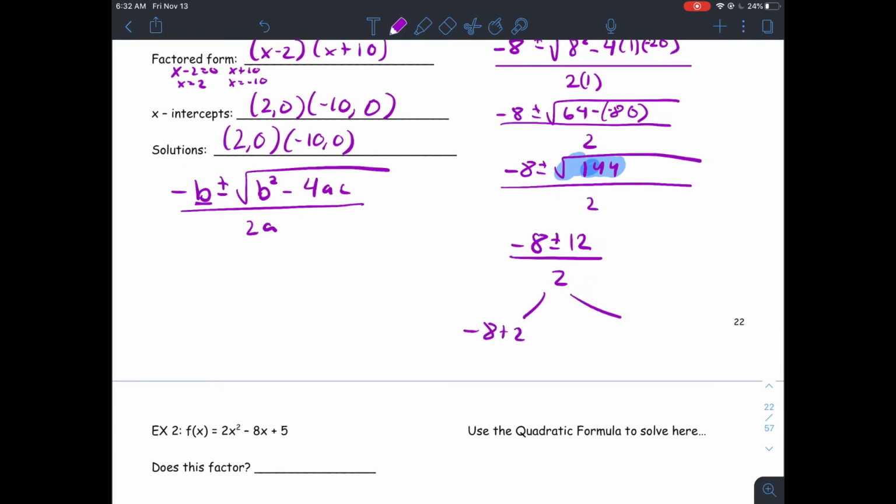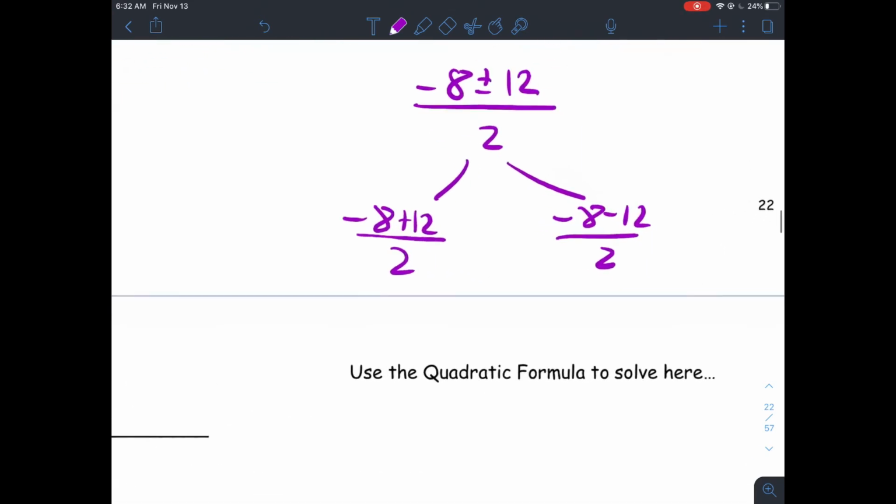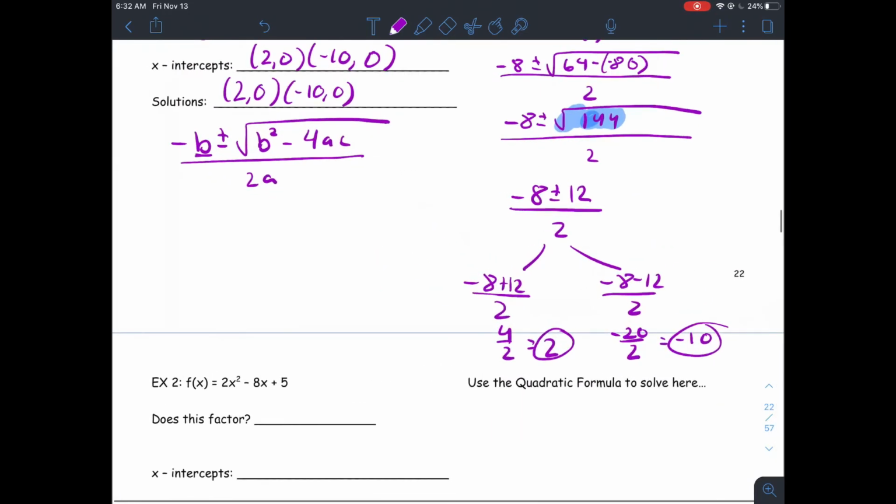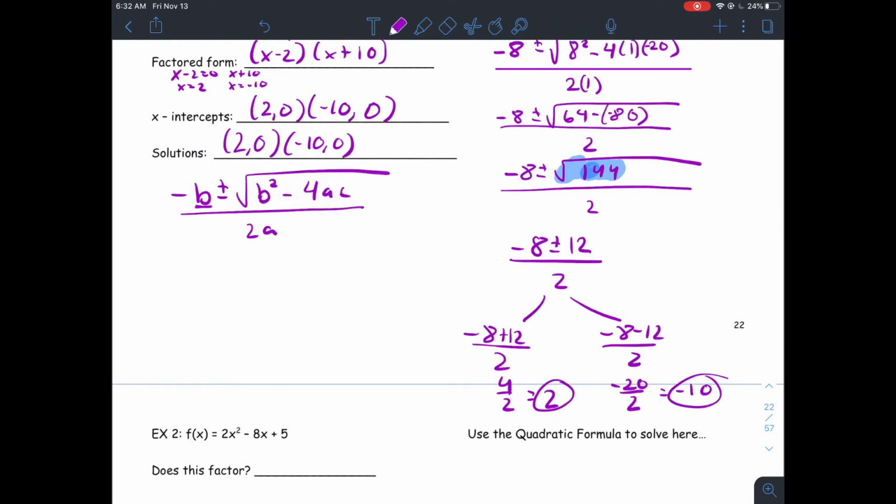We'd have negative 8 plus 12 over 2 and negative 8 minus 12 over 2. That's where that plus minus comes in. And we would get 4 over 2 and negative 20 over 2, which is going to give us 2 and negative 10. Which notice how that matched up perfectly with our solutions and intercepts.